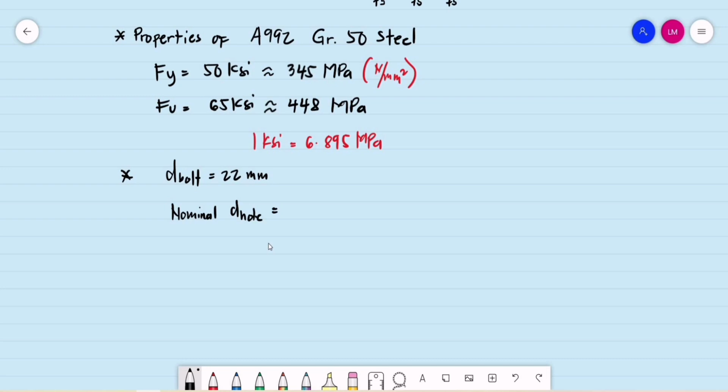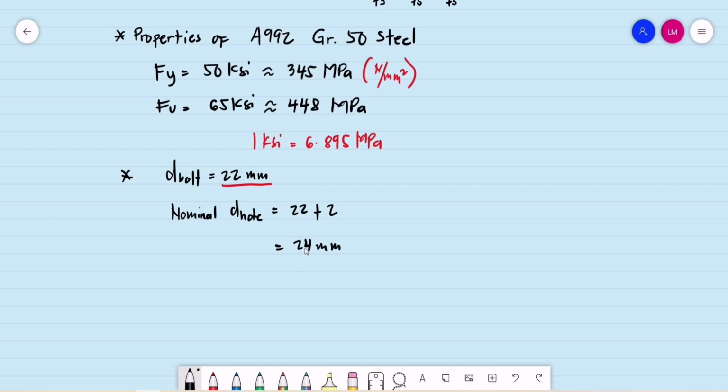So from AISC, we are to add 2 mm. The given diameter is 22 millimeters, but we are to add 2 millimeters. So from AISC, the diameter of the hole should be 2 mm more compared to the diameter of the bolt. So we'll be having 24 millimeters.